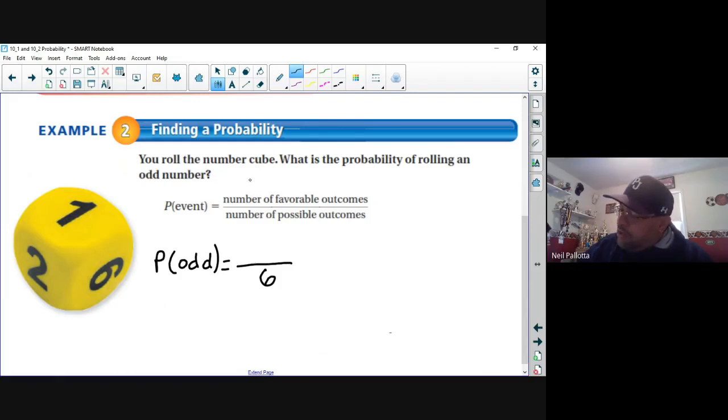If we're looking for an odd number, 1, 3, and 5 would be your favorable outcomes. So you'd have 3 favorable outcomes over 6 possible outcomes. So the probability of rolling an odd number would be 1/2 or 50%.